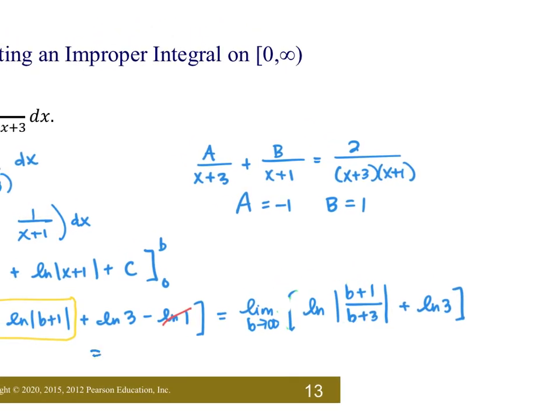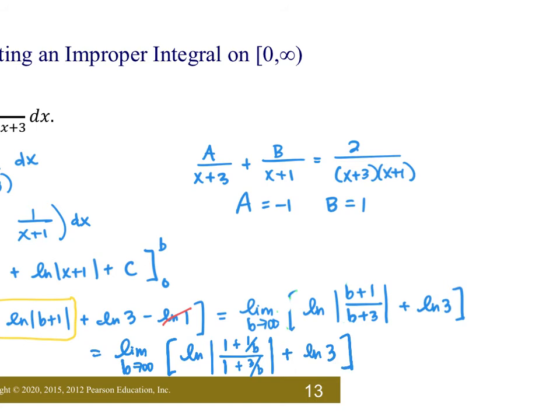Okay, so the limit as b approaches infinity, we'll have the natural log of (1 plus 1 over b) over (1 plus 3 over b), and then plus the natural log of 3.